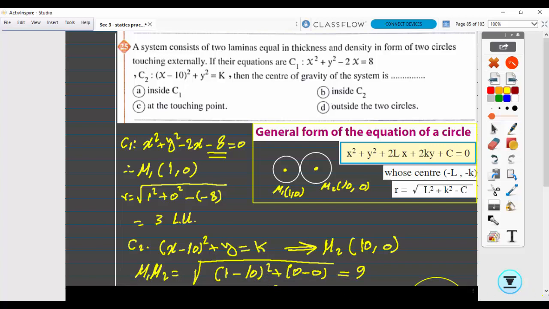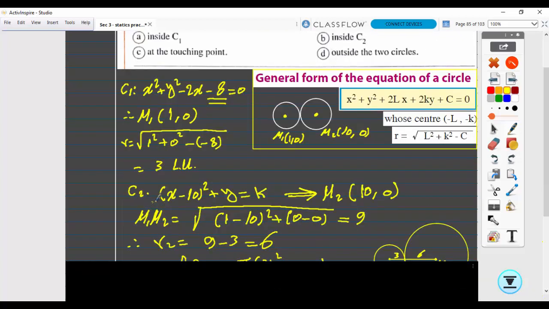With respect to C2, we don't have c here, it is k, right?